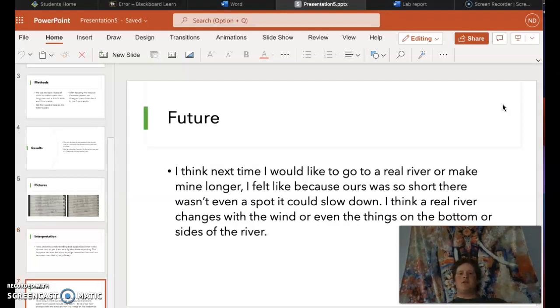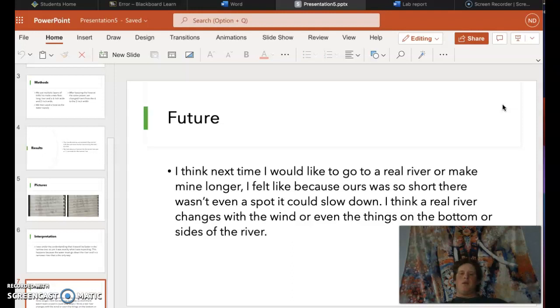For the future, I think next time I'd like to go to a real river or even just make mine longer, because we only did ours 2 feet long. I think it would be cool if you made a 10 foot long river and saw how that would go. I also think that I would put it on a flatter surface, because we had a really weirdly shaped box that we put ours on, which made it kind of difficult.